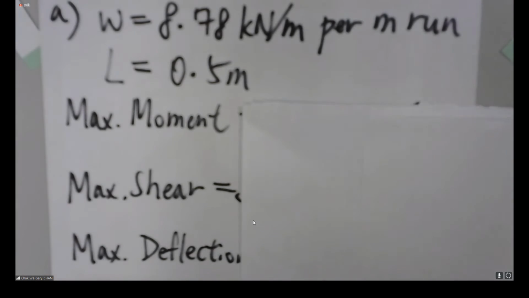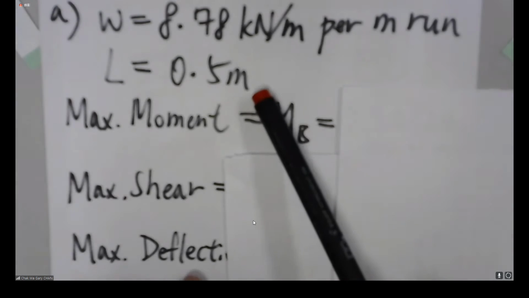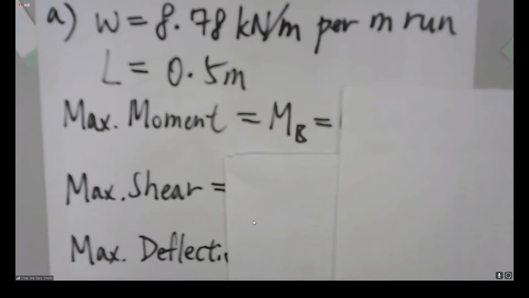So for maximum bending moment, you have MB. What is the value of MB? 0.095 times W times L squared. So the 2 meter will be cancelled out.